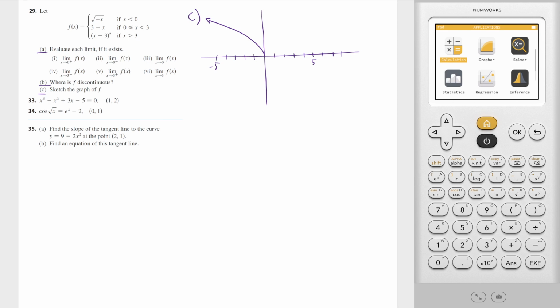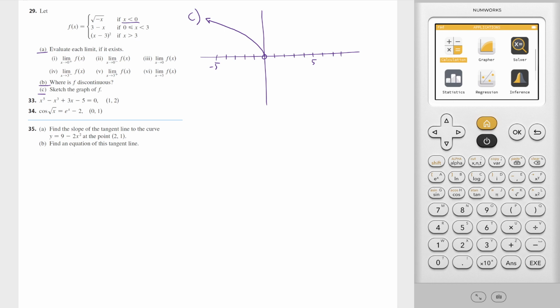For x less than 0, okay, so maybe I should have put sort of a hole in here, but okay. At least as far as the first part of the function is, the 0 is not filled in because it's saying x less than 0, not x less than or equal to 0.